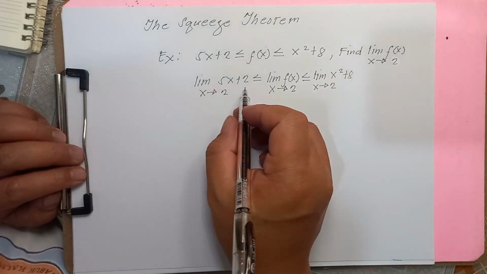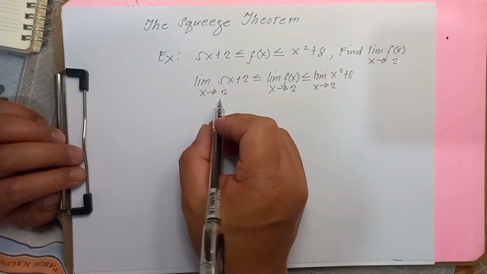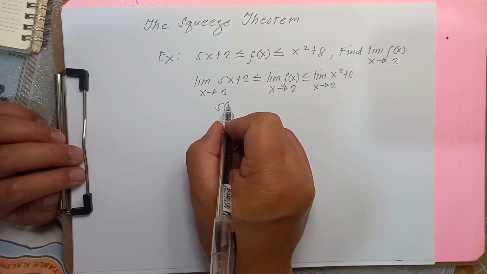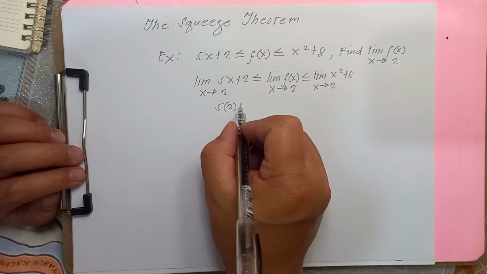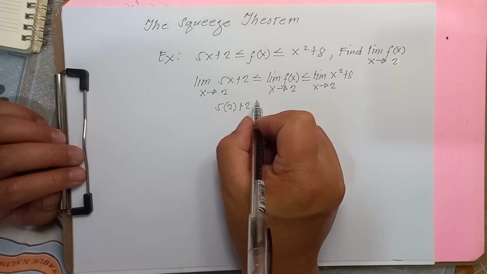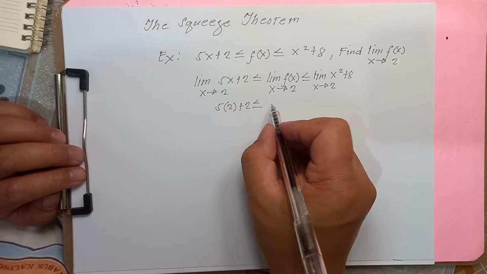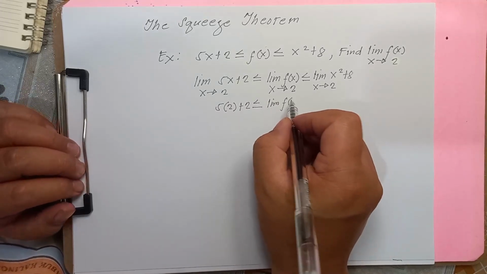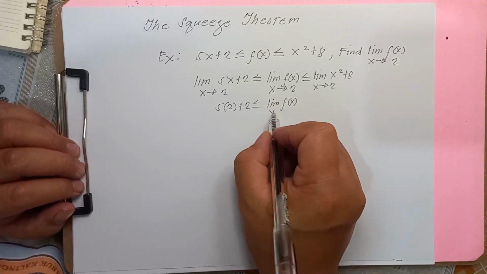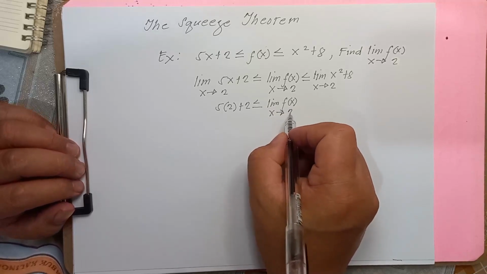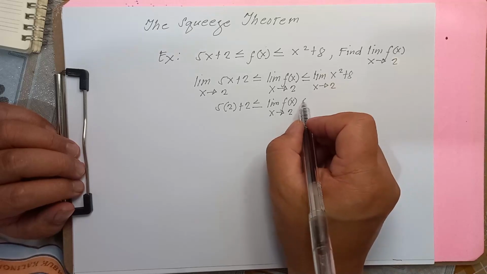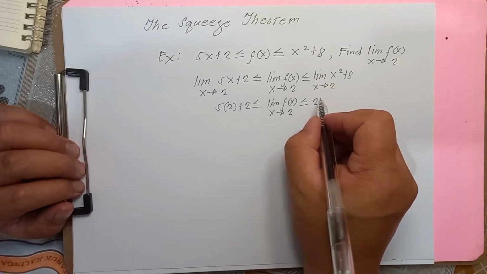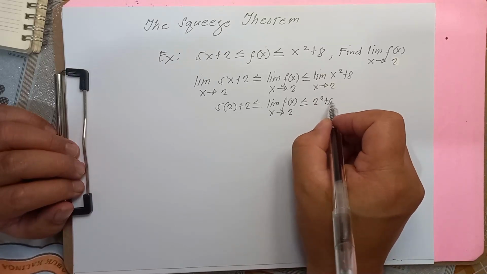Notice that by direct substitution, 5 multiplied by 2 plus 2 is less than or equal to the limit of f of x as x is approaching 2. Now by direct substitution also, 2 raised to 2 plus 8.